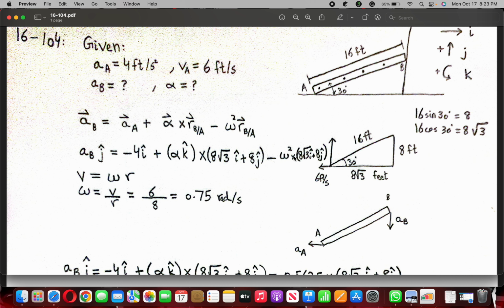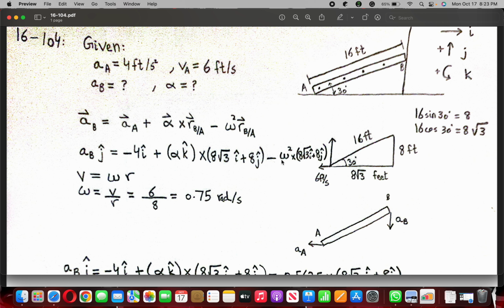Then it's omega squared, and we put R, B with respect to A over here. In this equation there are three unknowns: omega, alpha, and acceleration at B. We have to find acceleration at B and alpha, but we also don't know omega.